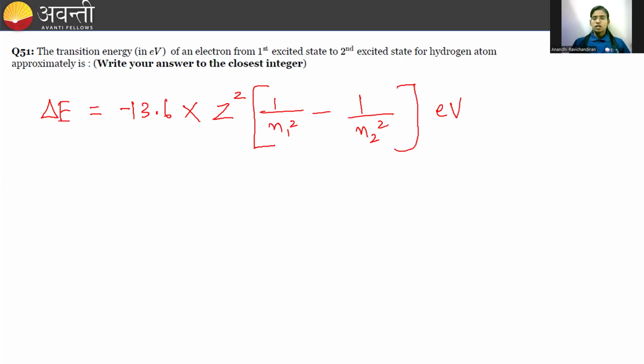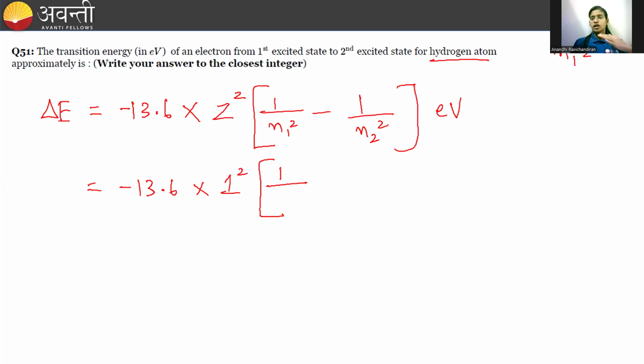Now, substitute the values: 13.6 into Z square, where Z is the atomic number. The atomic number of hydrogen is 1.